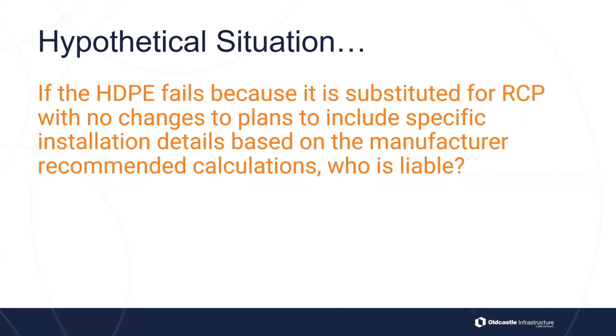Who is responsible to cover the cost of that failure? It's the engineer, the design engineer. So if you're going to accept that and you're going to allow a contractor to substitute a flexible pipe for a rigid pipe, be ready to bear the responsibility should that pipe fail.